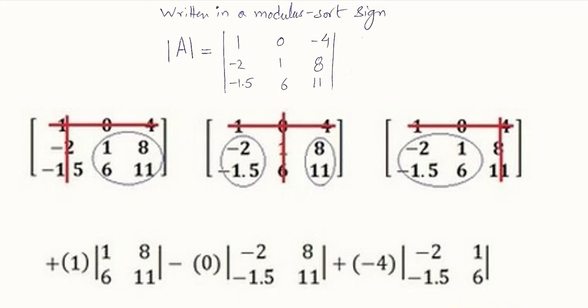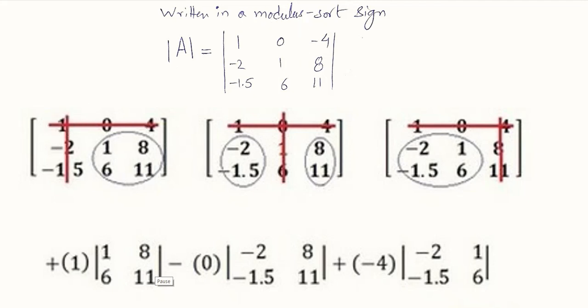But for this very simple numerical example, we are trying to keep it as simple and numeric as possible. In addition to these alternating signs, we are also using the row that we used for expansion. This was 1 in the first row, so that 1 is written because this 1 gave rise to this determinant.